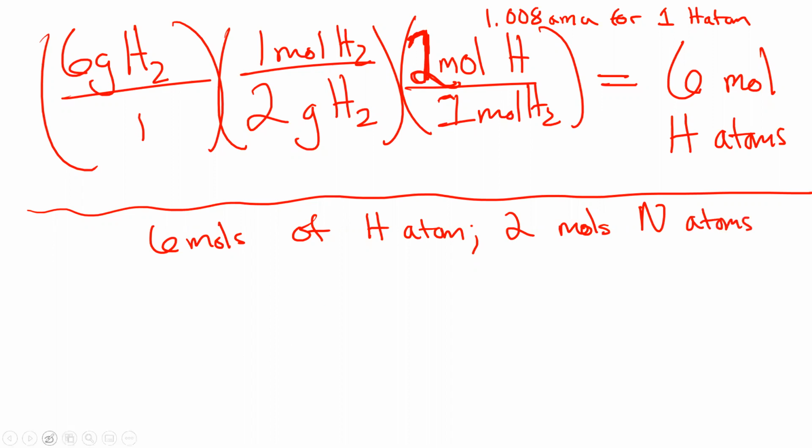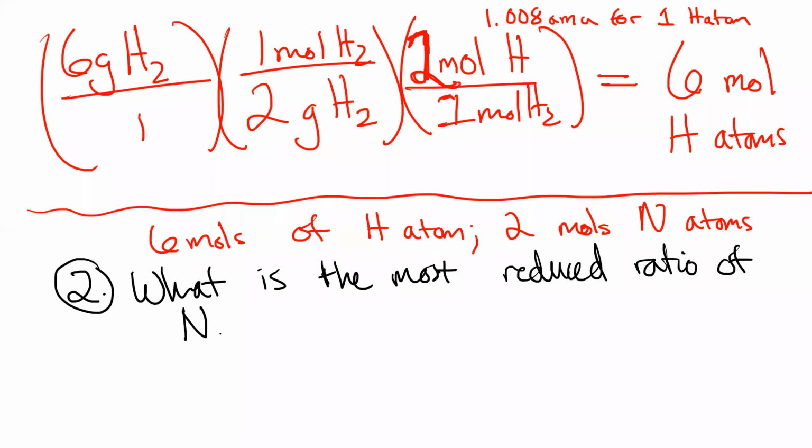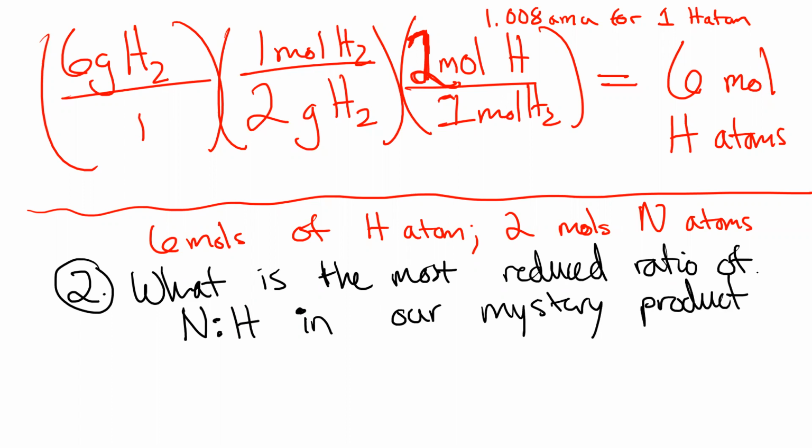Okay? So the last question we ask ourselves, or the second question we ask ourselves is, what is the most reduced ratio of nitrogen to hydrogen in our mystery product? Exactly. It's 1 to 3.